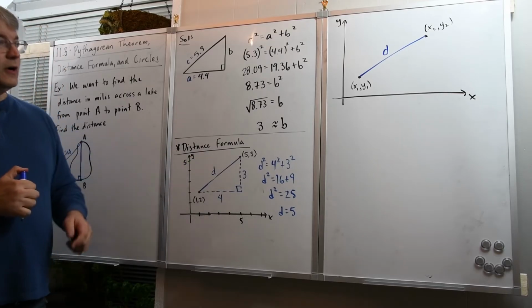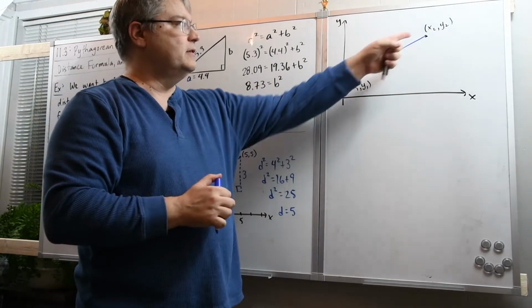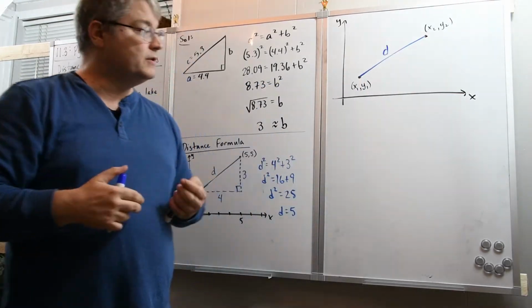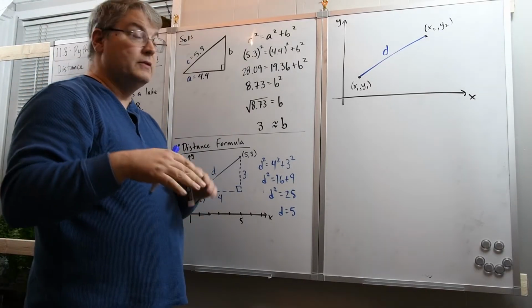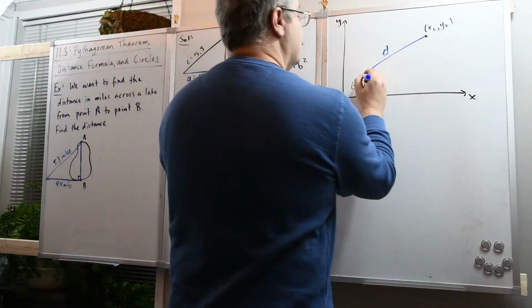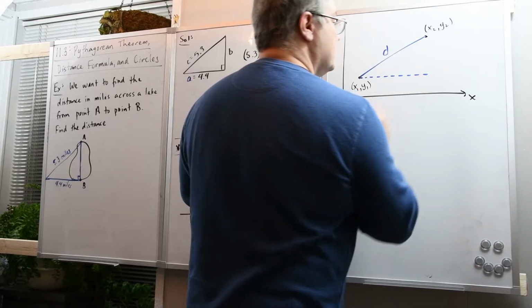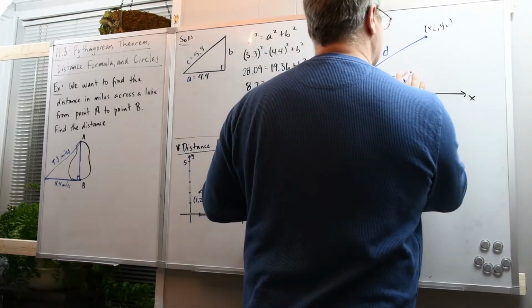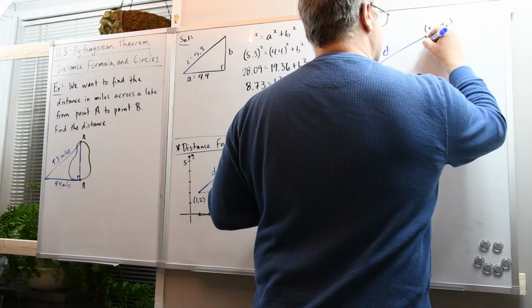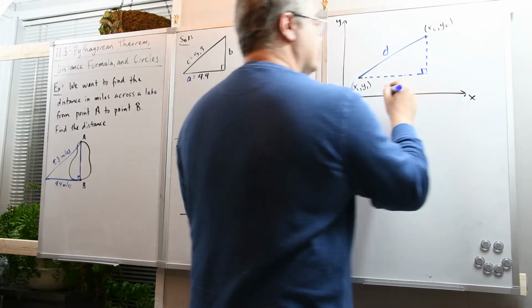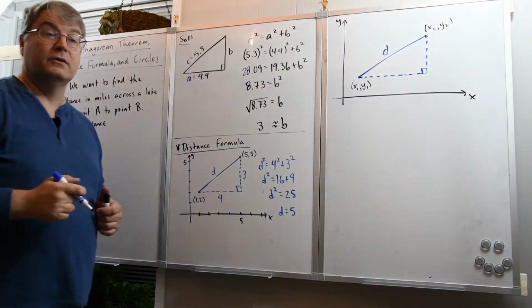Well, just like before, to get from this point to that point, there's a certain distance horizontally we have to move. There's also a certain distance vertically we have to move. So we'll take a look at the horizontal distance and take a look at the vertical distance, and now check it out. We've got this right triangle.